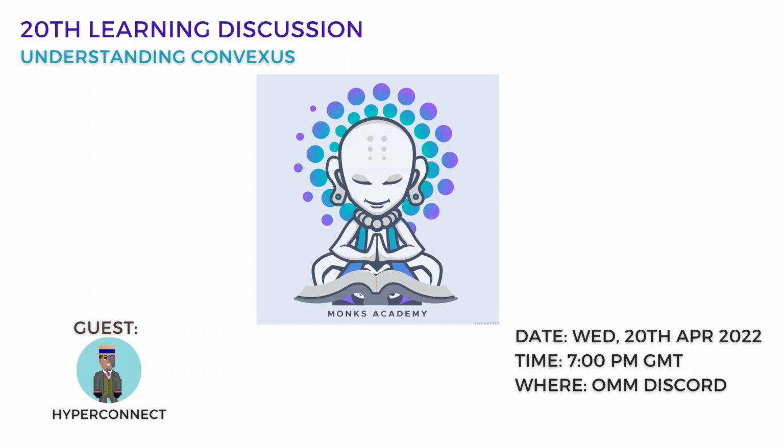So to start things off, Hyperconnect, for those of the audience and those of you who will be watching the recording, who don't really know about Convexus, could you just give a general breakdown? What are the products and what is Convexus about? Yeah, absolutely.